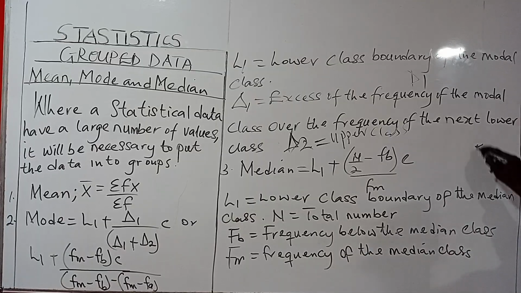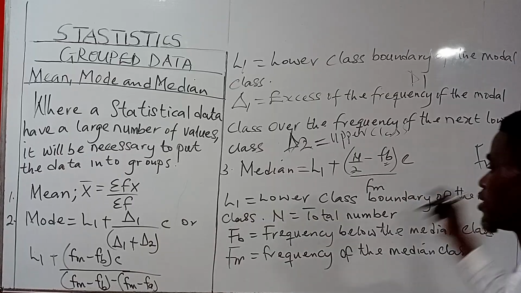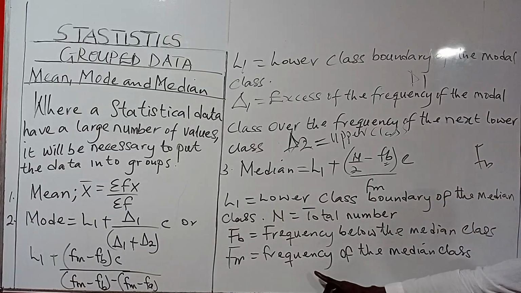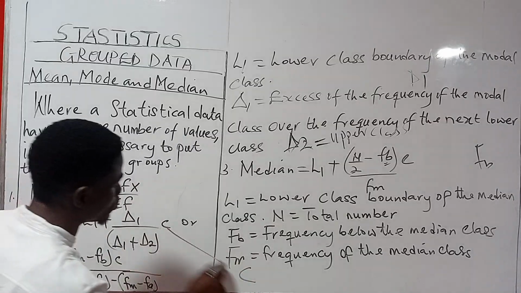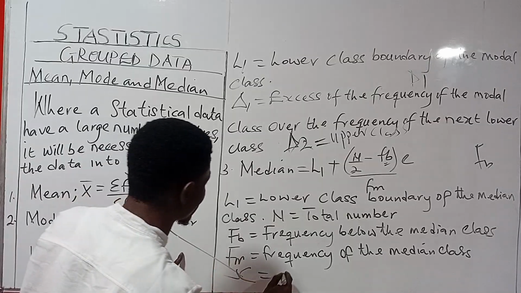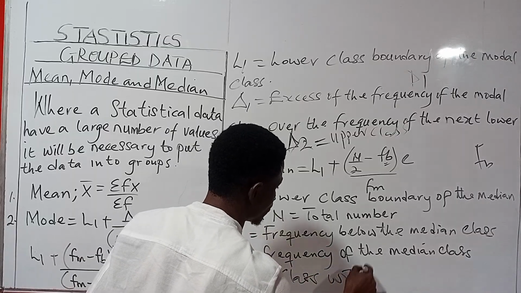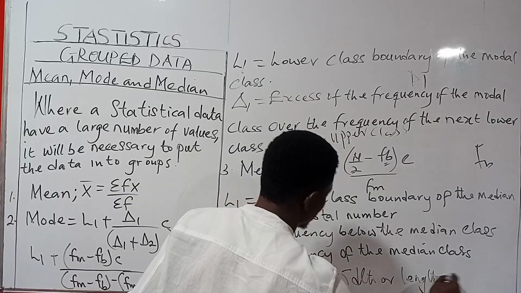Fm is the frequency of the median class. And C is the class width or class length.